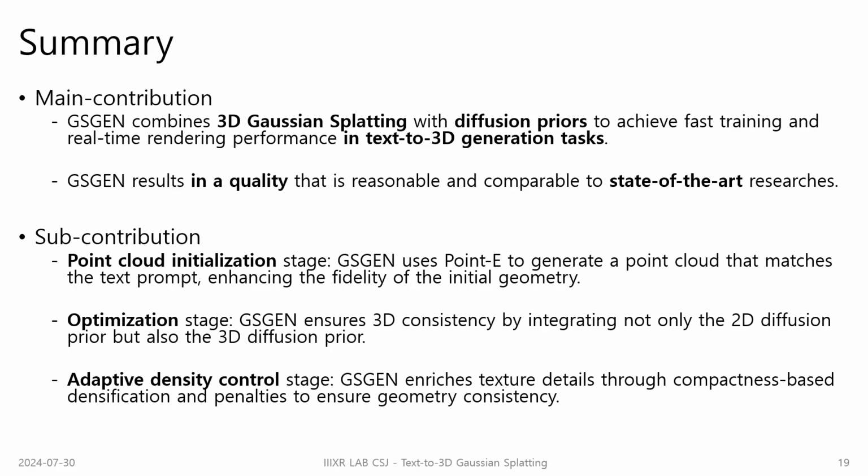In the optimization stage, it ensures 3D consistency by integrating not only the 2D diffusion prior, but also the 3D diffusion prior. In the adaptive density control stage, it enriches texture details through compactness-based densification and penalties to ensure geometry consistency. This approach results in a quality that is reasonable and comparable to state-of-the-art research.